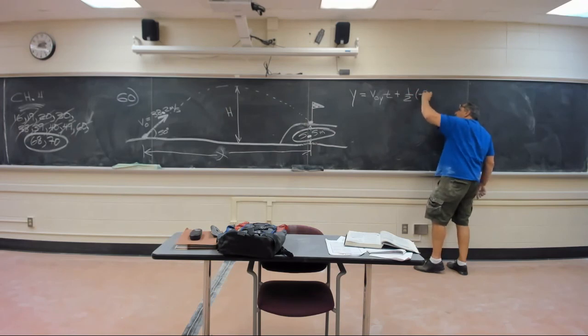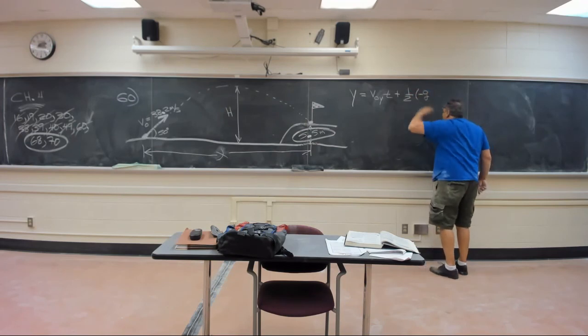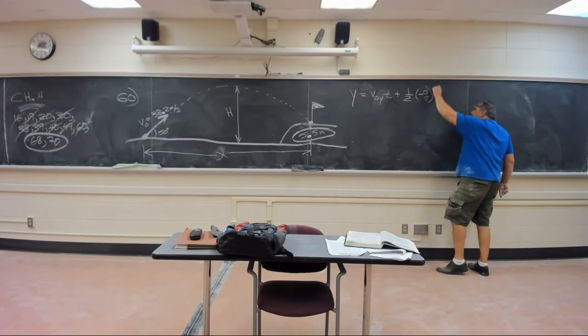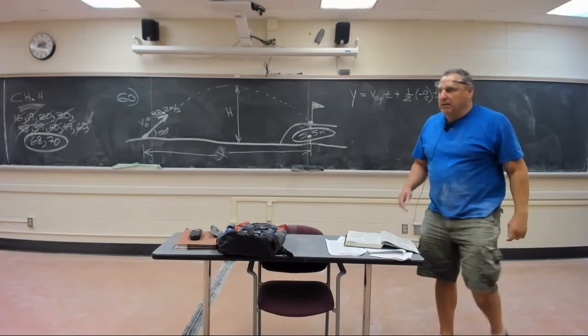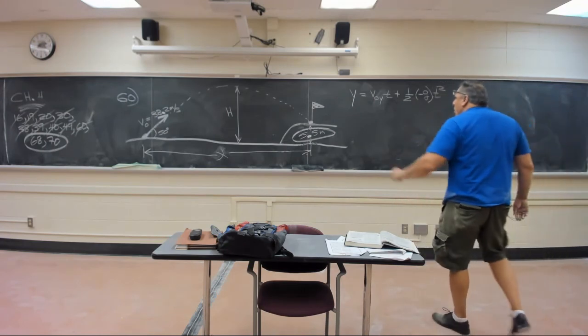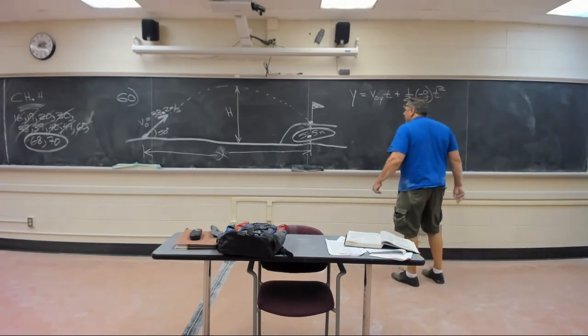That's a negative g, a negative 9.8. So be careful what you call g. You can call it negative or positive, but make sure it's negative at the end of the day. If it's going up and down, it's got to be negative.